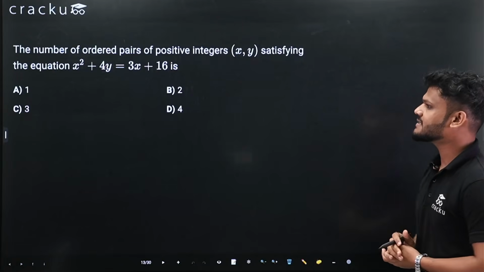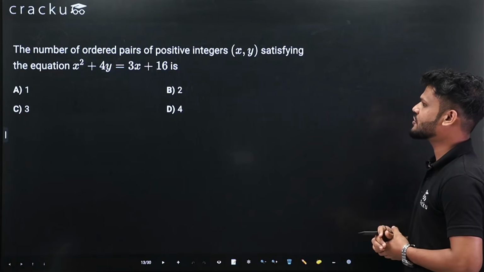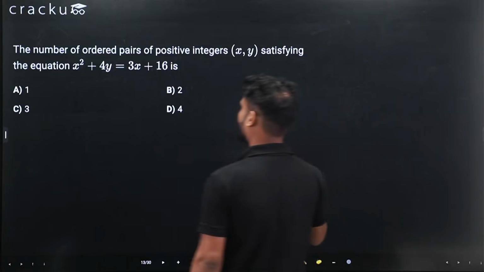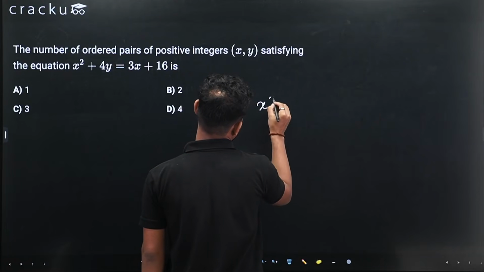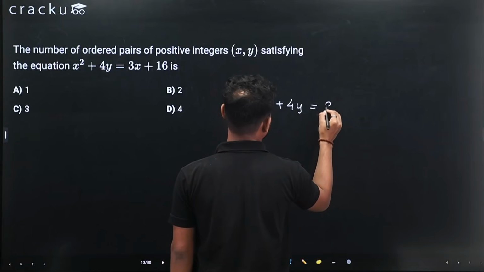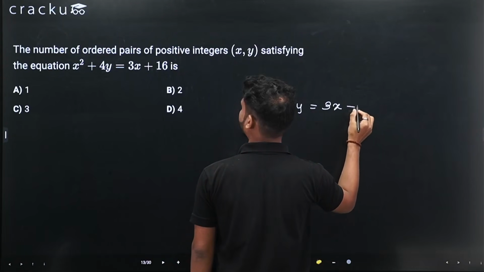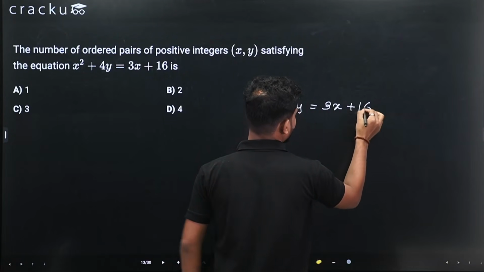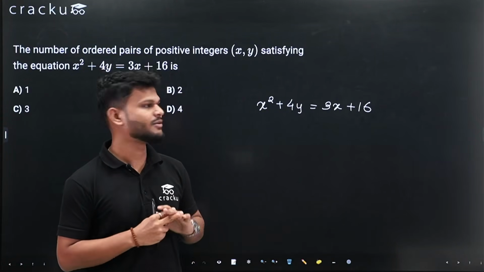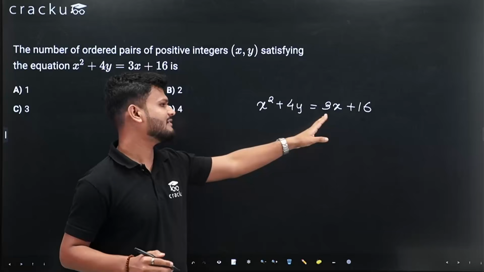In this question we are asked the number of ordered pairs of positive integers x comma y satisfying the given equation. So we are given x square plus 4y is equal to 3x plus 16. Right? Now from here what you can do is that you can just equate the x and y terms.